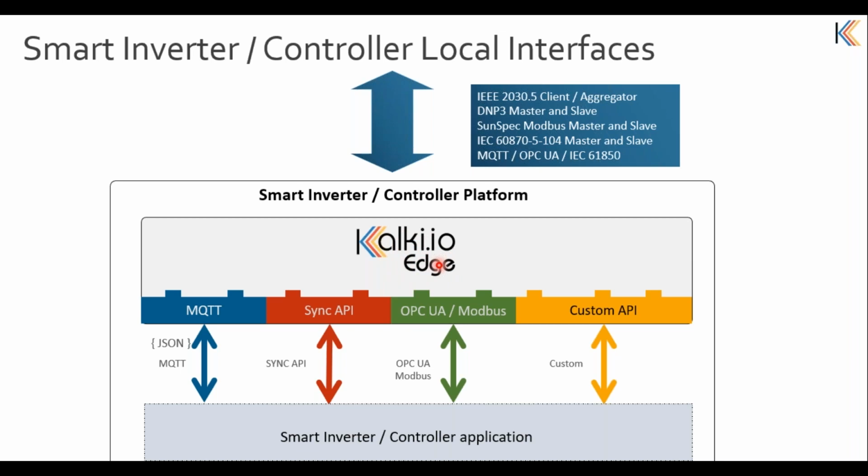Once data is available, the software has a generic protocol translation layer, or protocol translation engine, which helps in converting this data from the multiple interfaces to 2030.5 or DNP3 or SunSpec, which is required as per the certification standard. These are the local integration options from the Kalki software with the device.